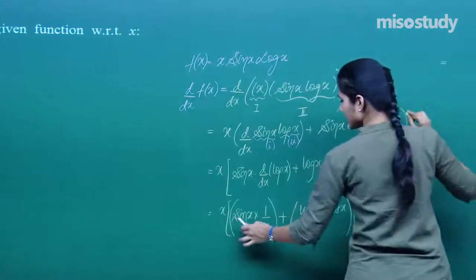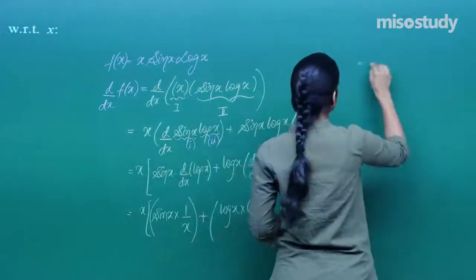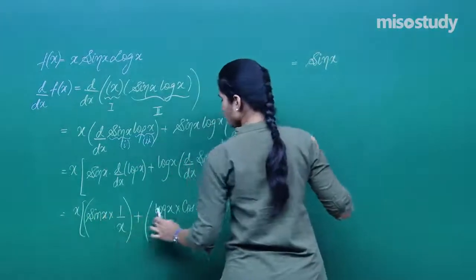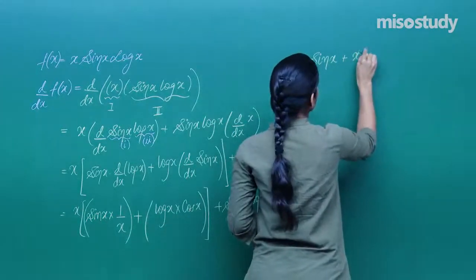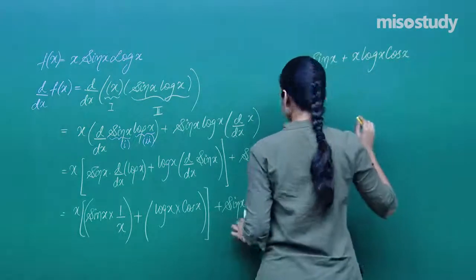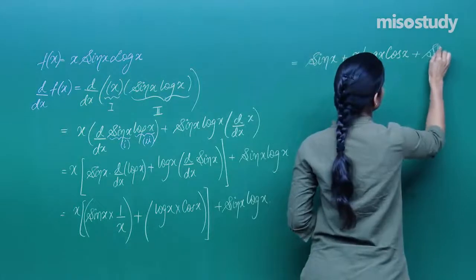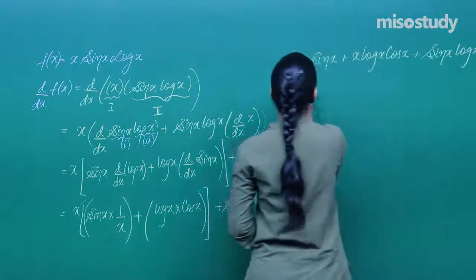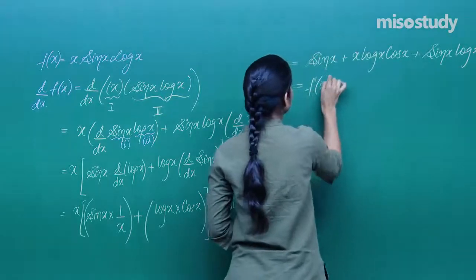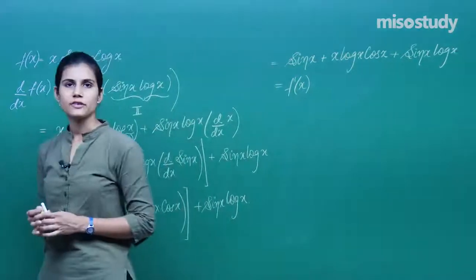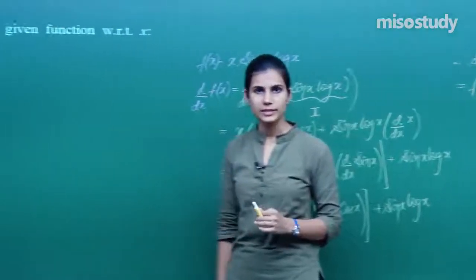This is x sin x into 1 by x, x cancels out, you are just left with sin x plus x log x cos x plus sin x log x, and that happens to be my very d by dx of fx, which we say f dash x. We have differentiated this given function using product rule twice.